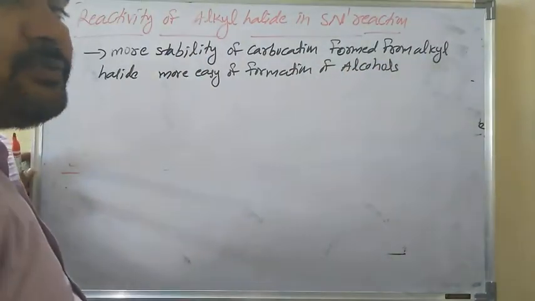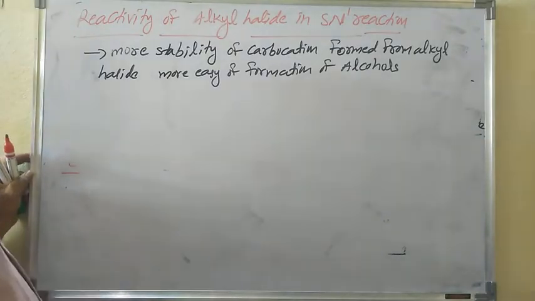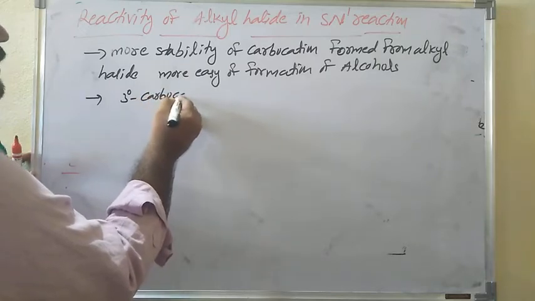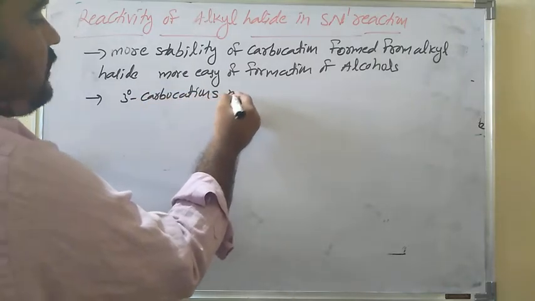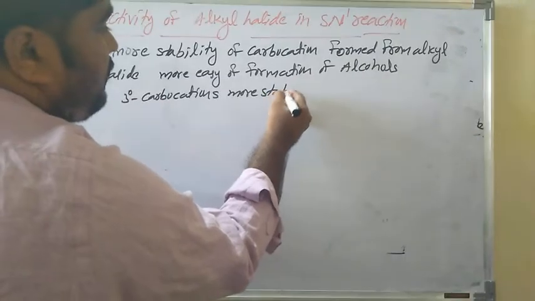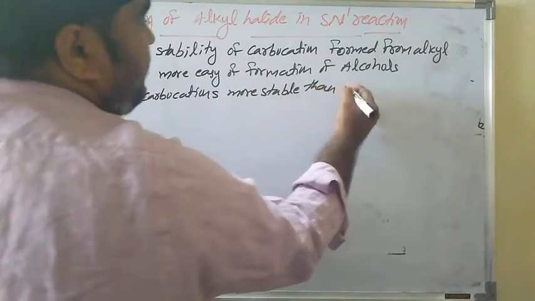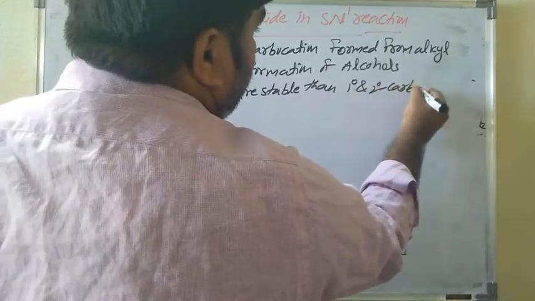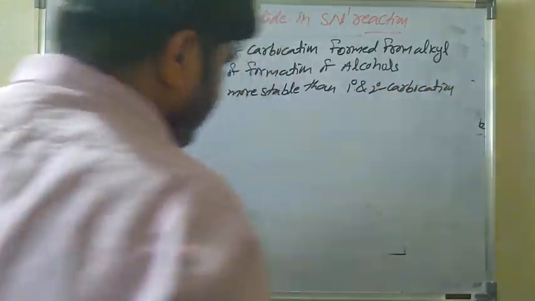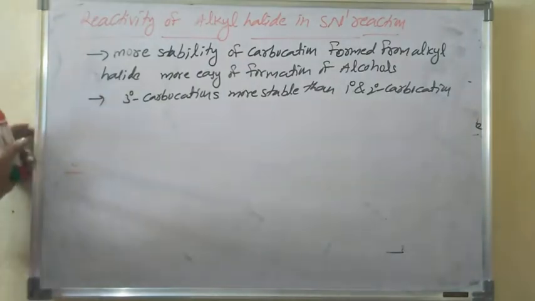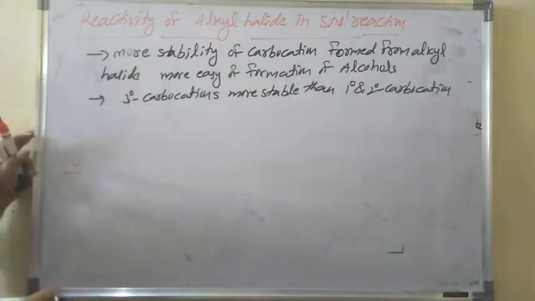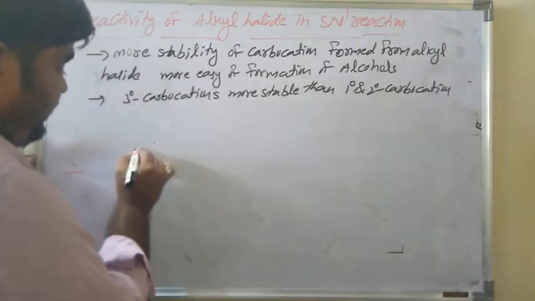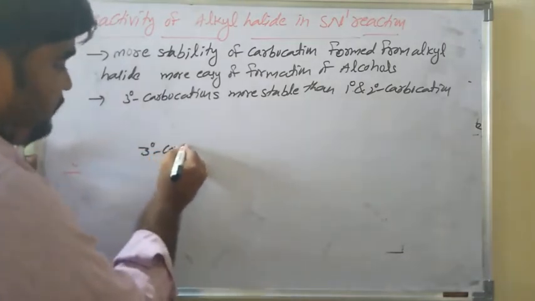Which carbocation is more stable? Tertiary carbocations are more stable than primary and secondary carbocations. So in SN1 reaction, the tertiary carbocation is more stable.